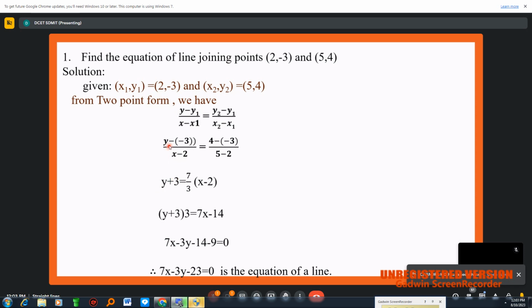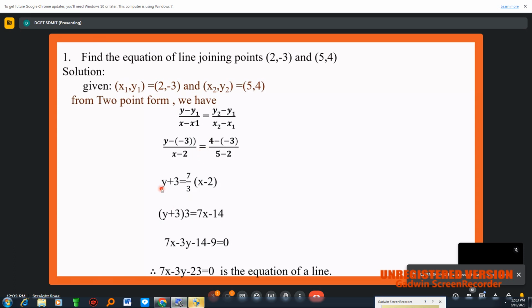So next, what you will get: minus into minus is plus, that is y plus 3 is equal to 4 minus into minus 3, that is 4 plus 3, which is 7, divided by 5 minus 2, that is 3. Now we are doing the cross multiplication.